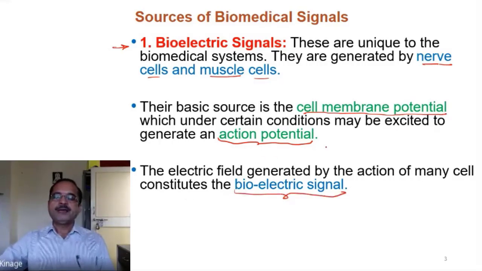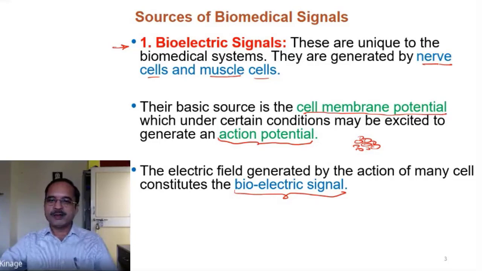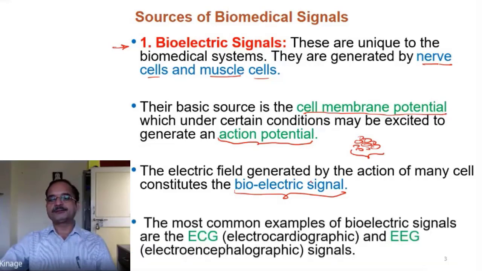Now, when I say the action potential is generated by some cell, I am talking about a single cell, but there are a number of cells working together in a group. All these cells are triggered together to generate a potential, and that potential of all these cells as a group is called the bioelectric potential.